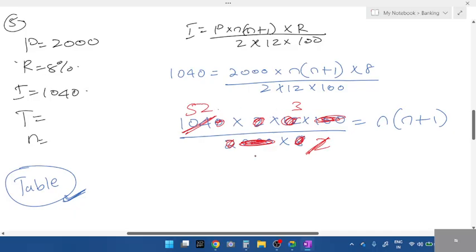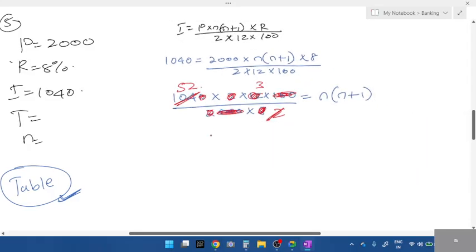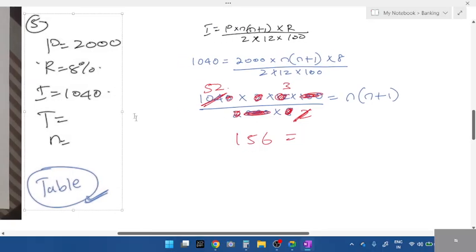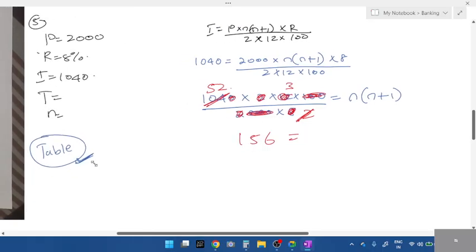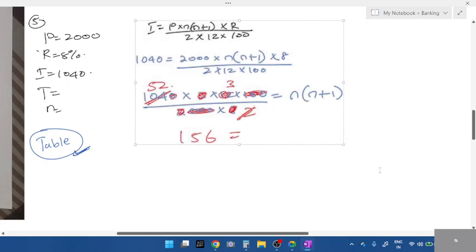All of you respond. 52 into 3 is 156. 156, open the bracket. When you open, what do you get? Multiply. How do you open the bracket? Nobody answering. N square plus N.